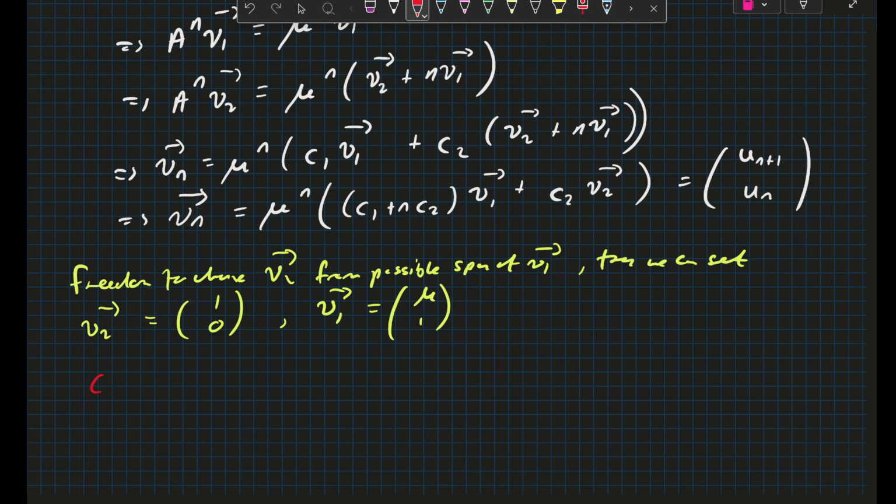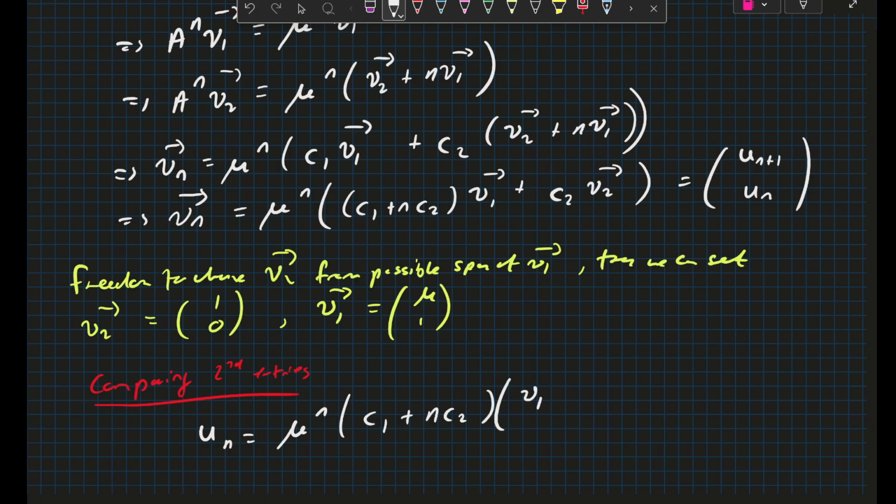So by comparing the second entries, we get u n equals mu to the n times C1 plus nC2 times the V1 second entry, which I'll put in square brackets 2, plus C2 amounts of the second entry of V2.